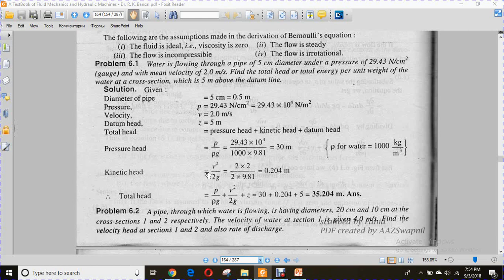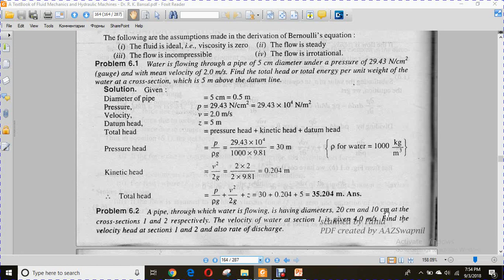Kinetic head is v square by 2g. You can easily compute it, and by adding them we get 35.204 meter as the answer.